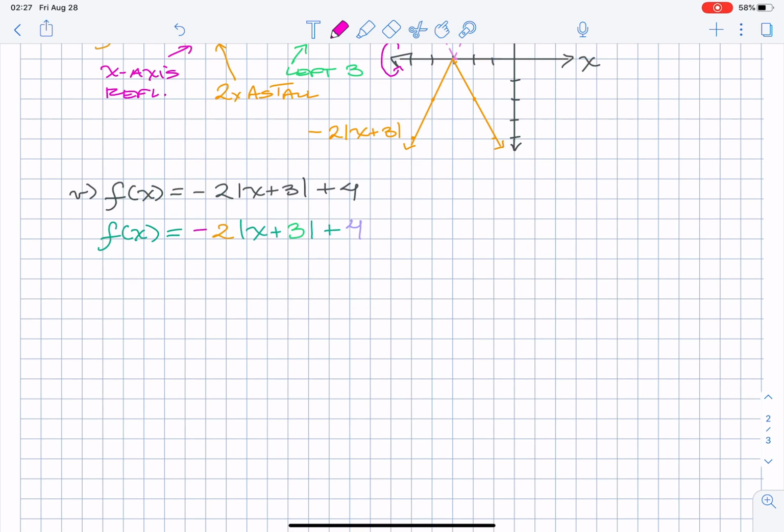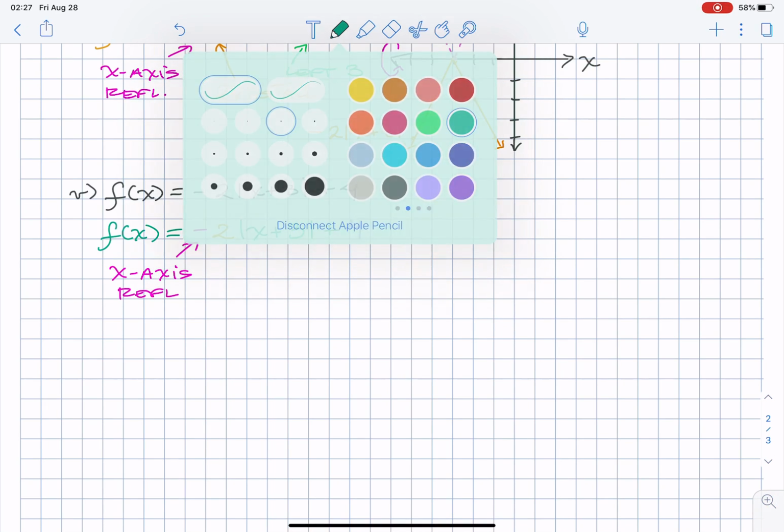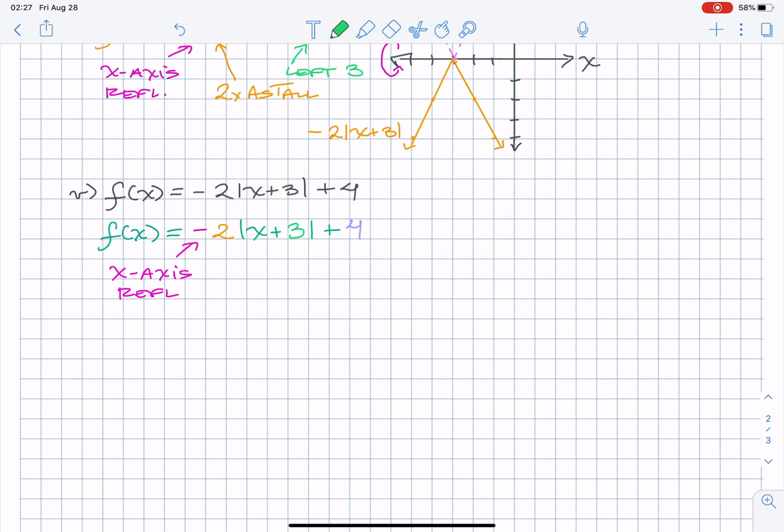So I know the minus is an x-axis reflection. I know that the plus 3, sorry, I've missed the 2. The 2 is twice as tall.